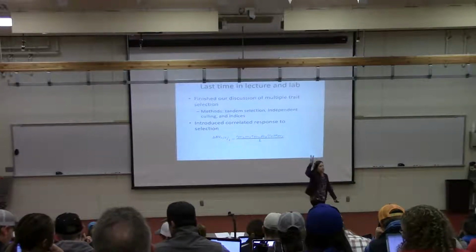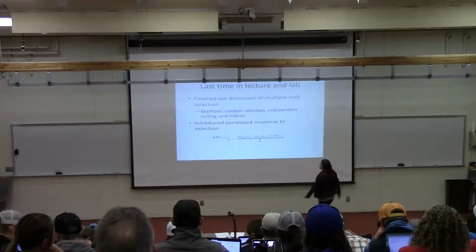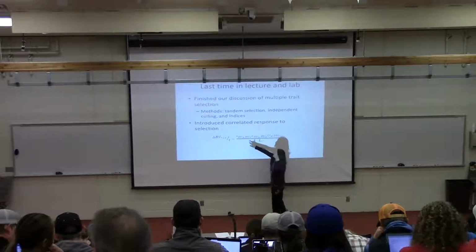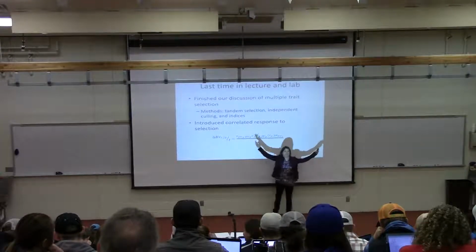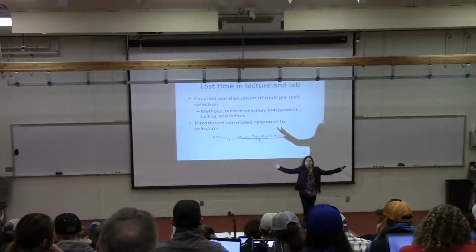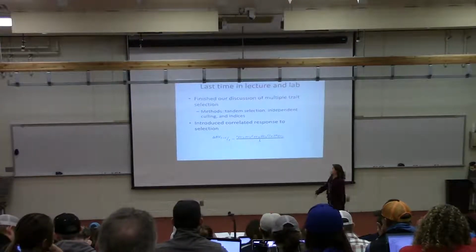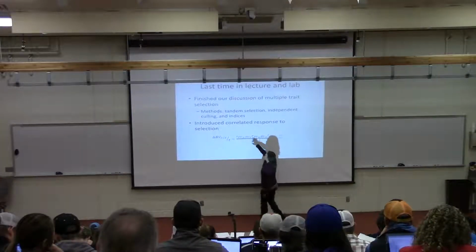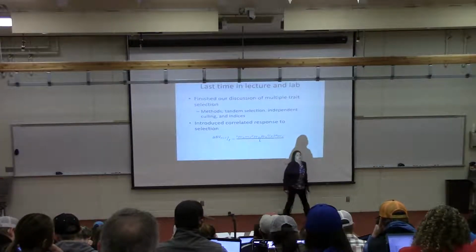R, correlation has lots of R's in it. That's how I remember it's an R. If we're interested in how Y is going to change relative to X, we need to know how they're correlated. If this is 0, selecting for X is going to have absolutely no impact on what happens for Y. But if they're highly correlated, selecting for X is going to have a higher impact on the change in Y, okay?